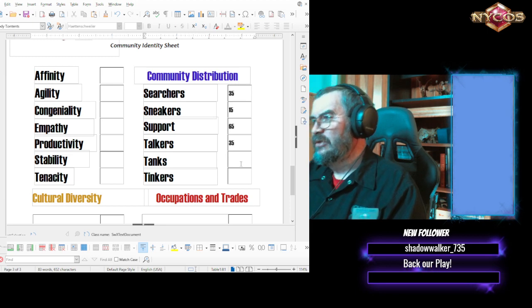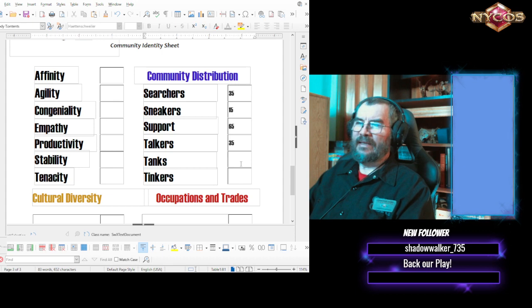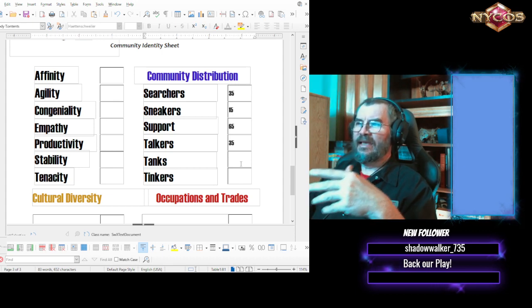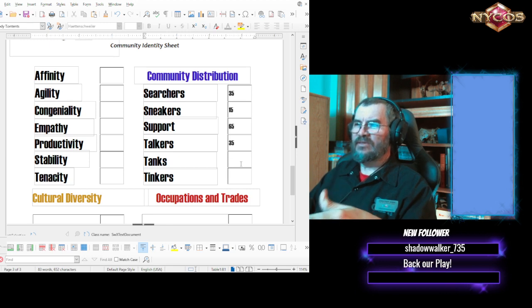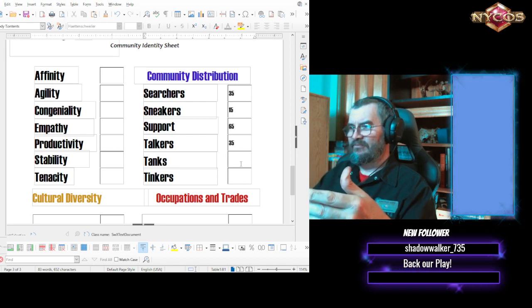And just like in any other rolling mechanism within an ecosystem, a partial success would mean somebody who does this job and something else. So you might find somebody who is a searcher, but when you rolled a 60.